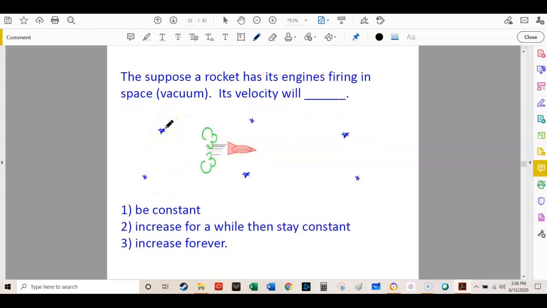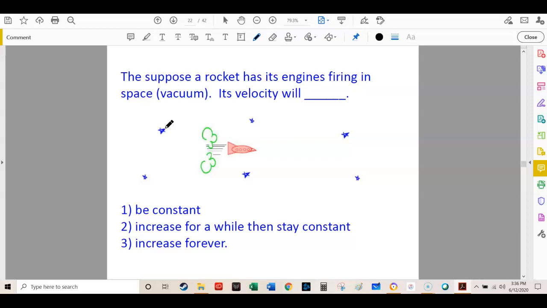How about this? Suppose your rocket engines are firing in space, and space is a vacuum, by the way. Will the rocket's velocity be constant? Will it increase for a while and then be constant, or will it increase forever? So what do you think? What's going to happen when you're in the vacuum of space?